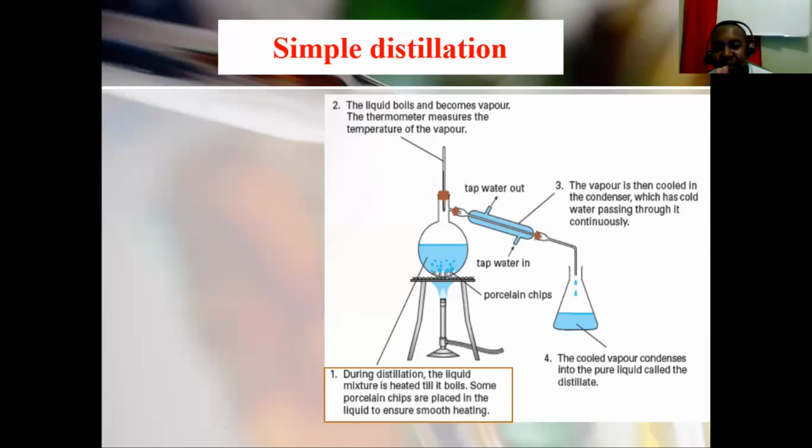So when the first liquid that has the lowest boiling point vaporizes and goes through the condenser, we need the liquid form of it. Therefore we use water to cool it down so it can convert back to a liquid form to be collected there. So that's the purpose of the water going in and out. We consistently have the water going in and out so we get cool water to cool down the gas so we can condense it.